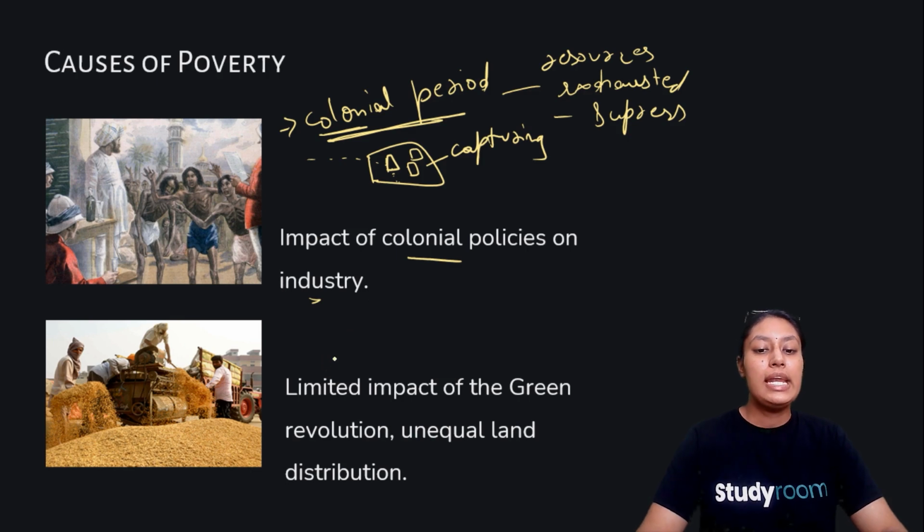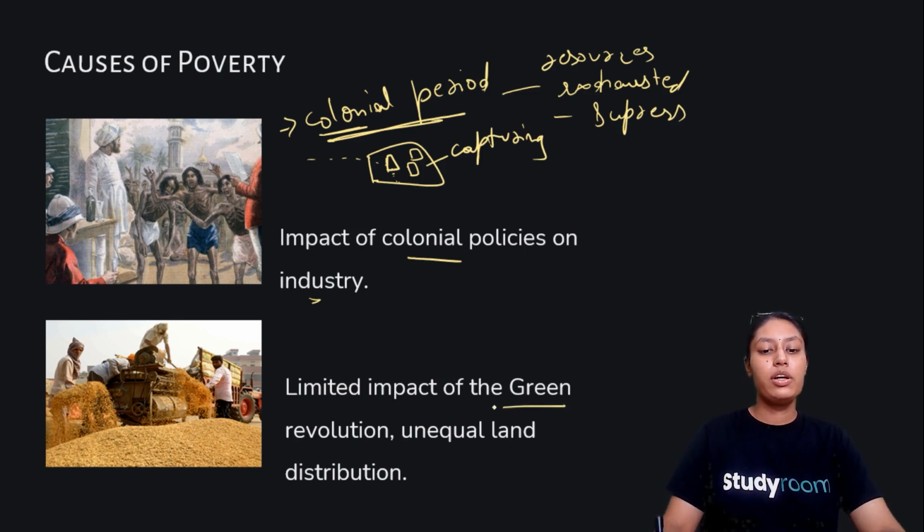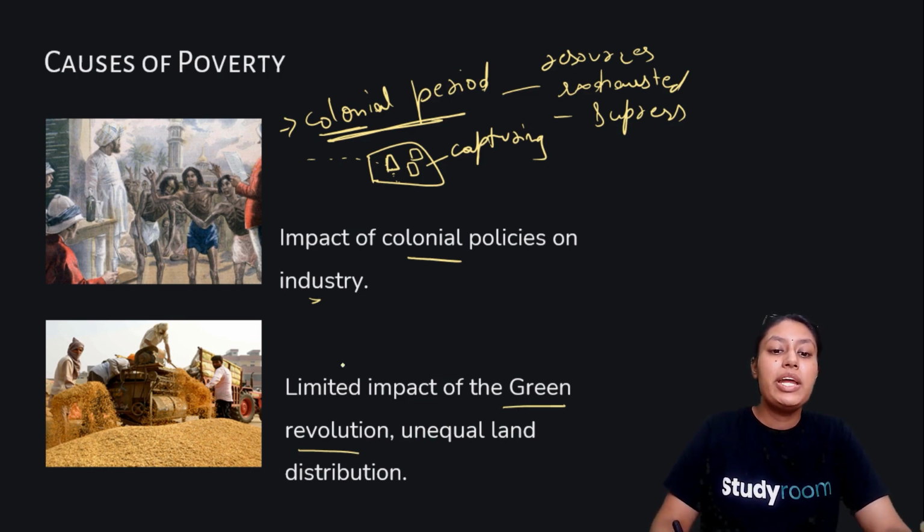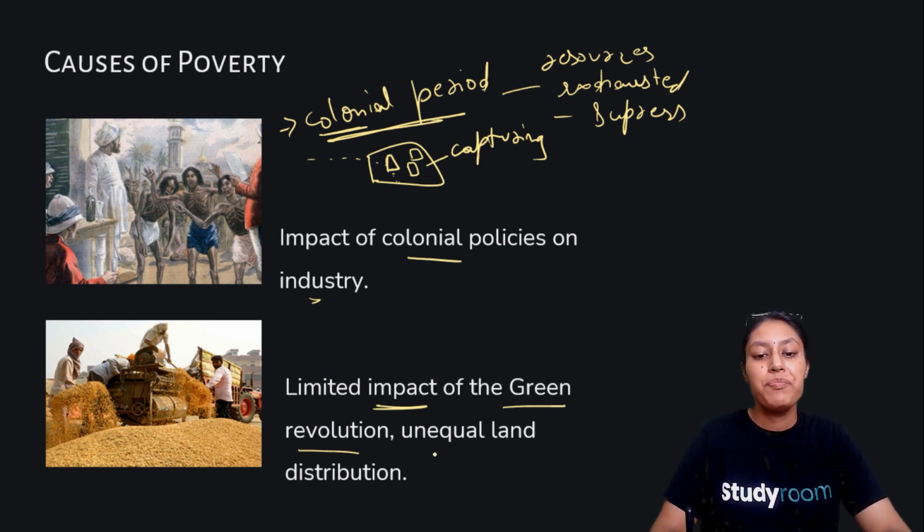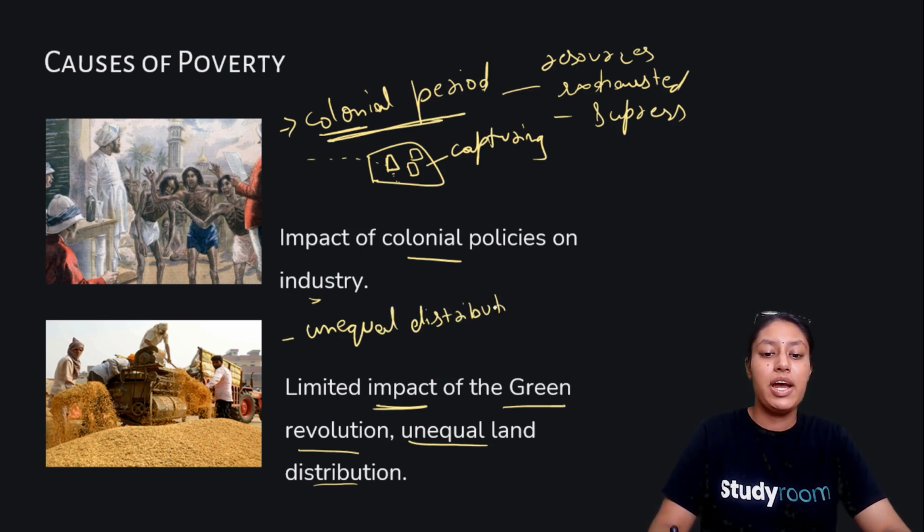Next is the limited impact of the green revolution. Attempts to bring change and amendments have been made, but their impact has been limited. So that becomes one of the core reasons. Next is unequal distribution of land, or of resources, a point we have discussed.